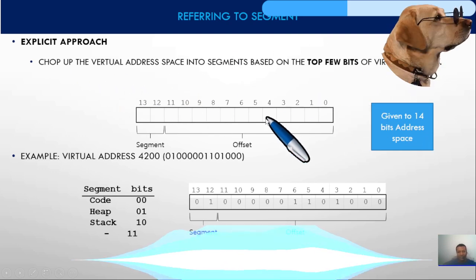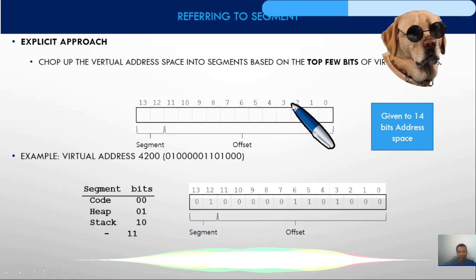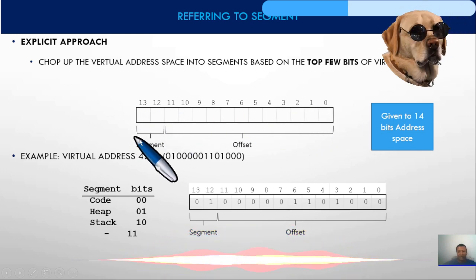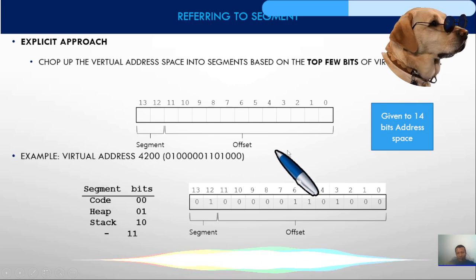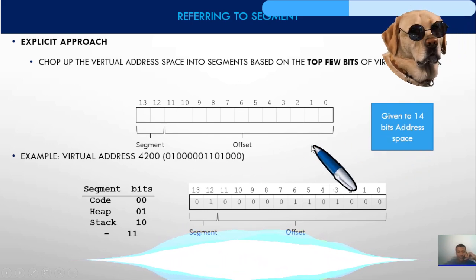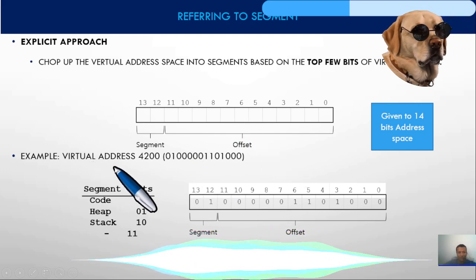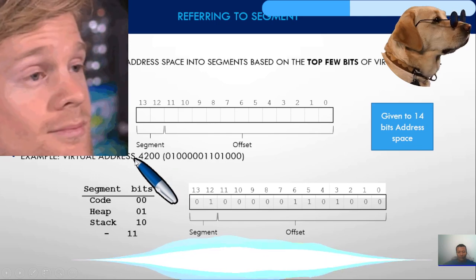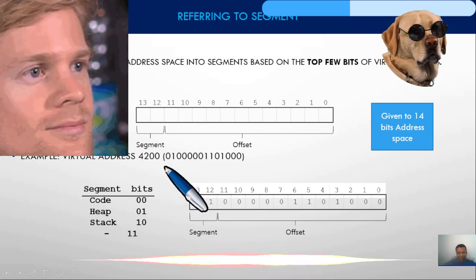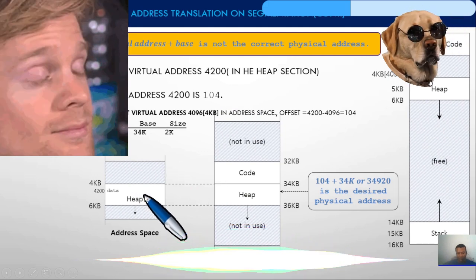For example, say we have 14 bits of address space, 0 until 13, and we want to check in which segment the instruction is. Take the virtual address 4200, which we know is in the heap.